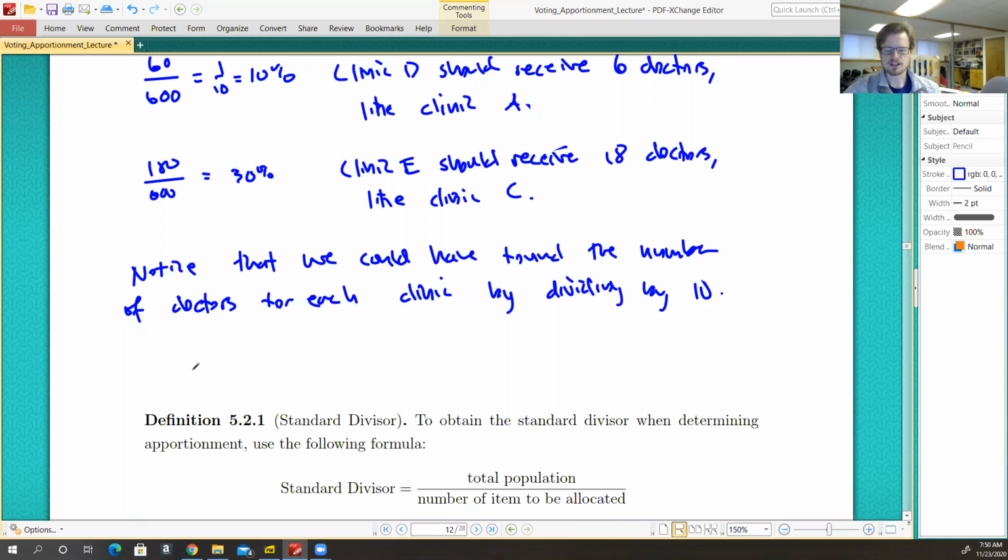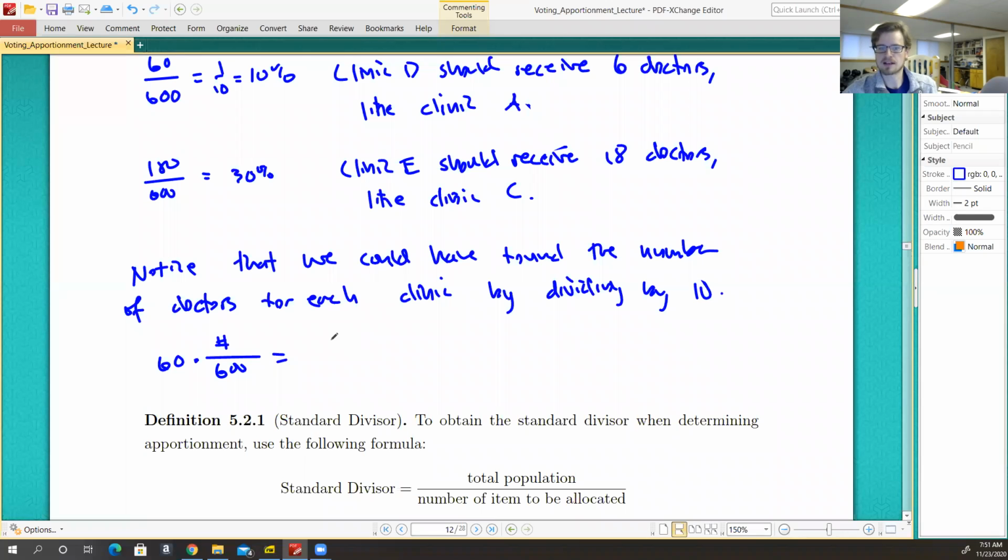Well, what it is we've taken the 60 doctors and we've multiplied by 100. We multiplied by the number of patients seen each week divided by 600. This is the percentage of patients seen each week, and this is the number of doctors we have to distribute.